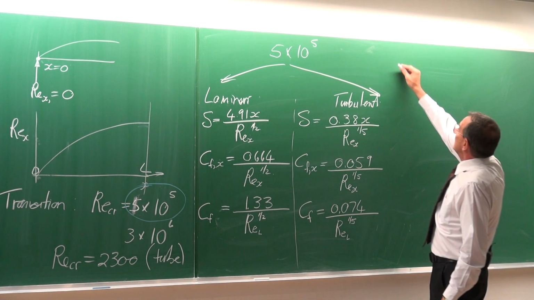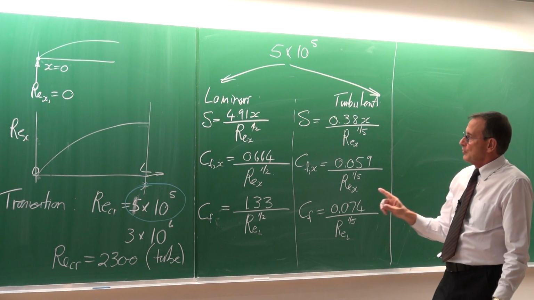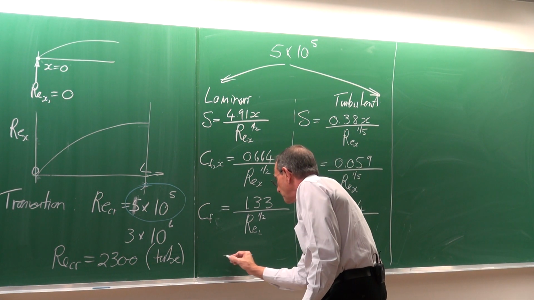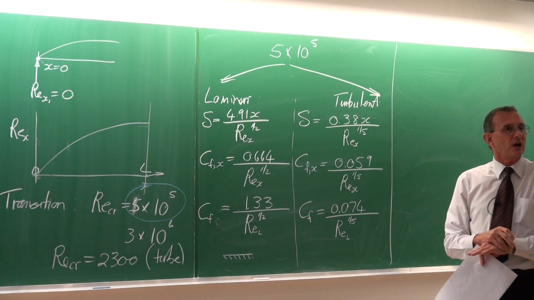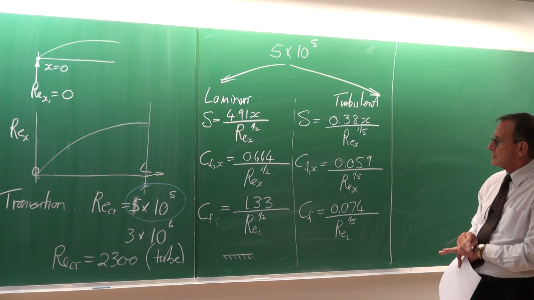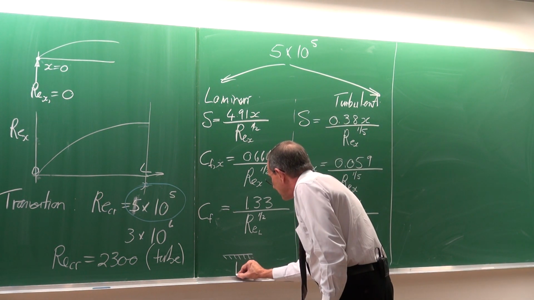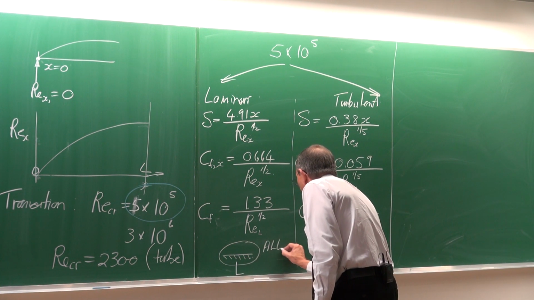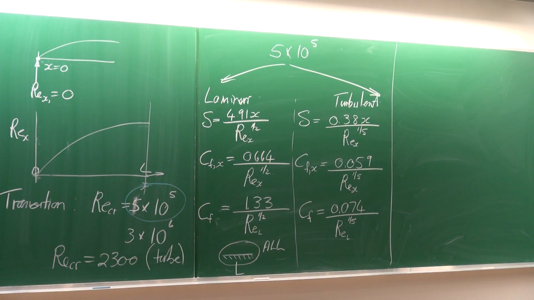Now, if you are awake, you will see there's a problem here. And what is the problem? The problem is, in this case, if we look at a flat plate of maybe 200 millimeters, and we would do measurements on it, we can get the CF value of the total length as long as everything is laminar.